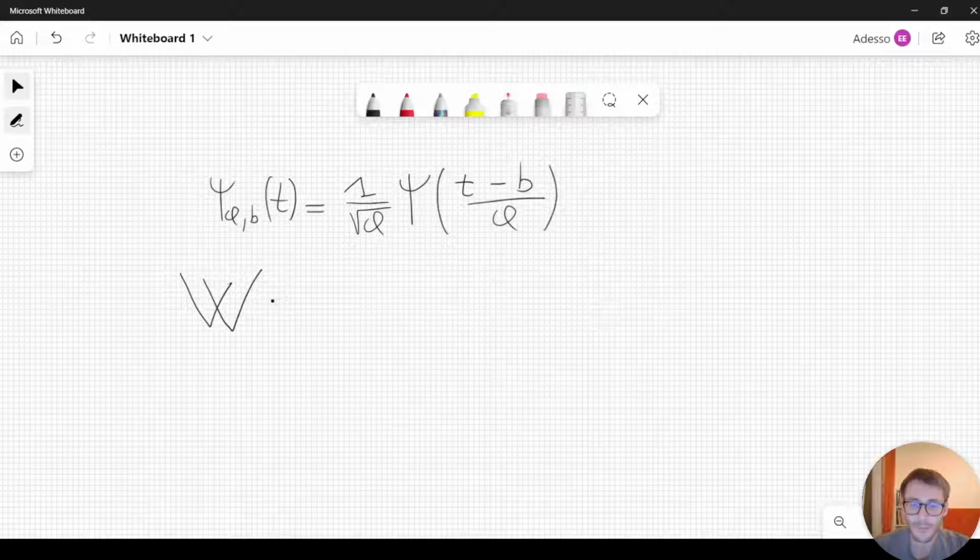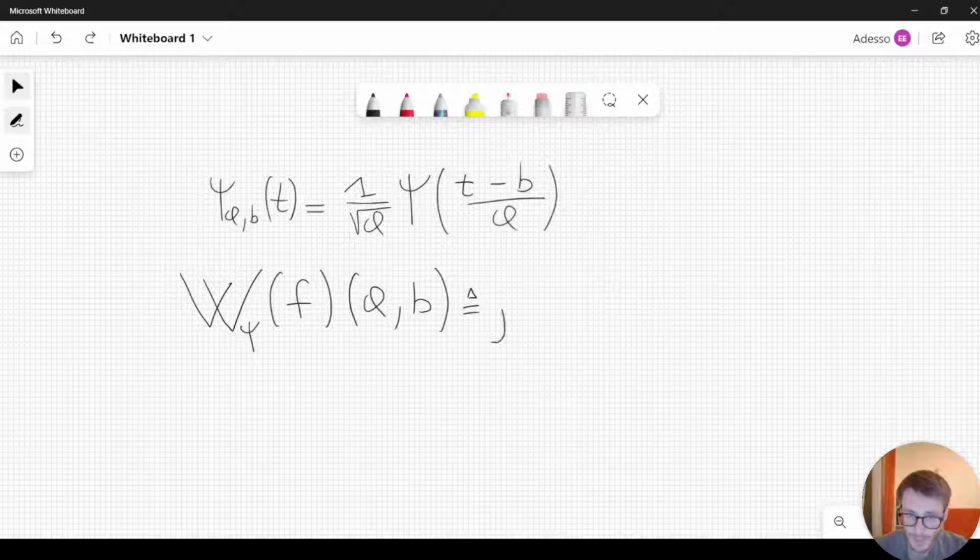So we have W written in terms of the function psi, so the wavelets. These are a set of functions, so we write the subscript psi, and then this wavelet transform is applied to the function f, and it will depend on two parameters a and b. This is defined, so this triangle here simply means that I'm going to define the wavelet transform like this.